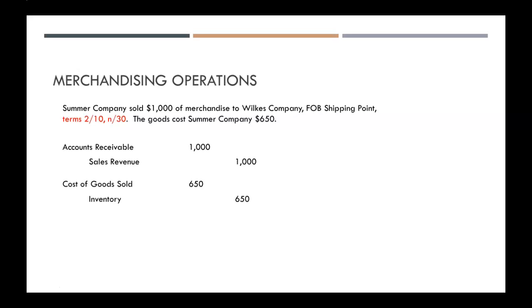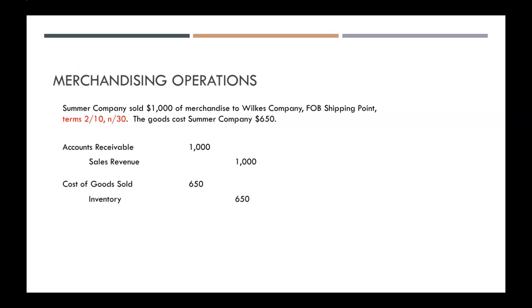So terms 2/10. So a 2% discount if they pay within 10 days. Or they have to pay the net, they have to pay all of it within 30 days. So terms 2/10, net 30.